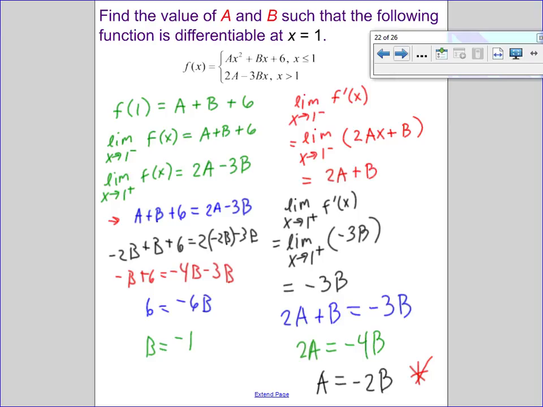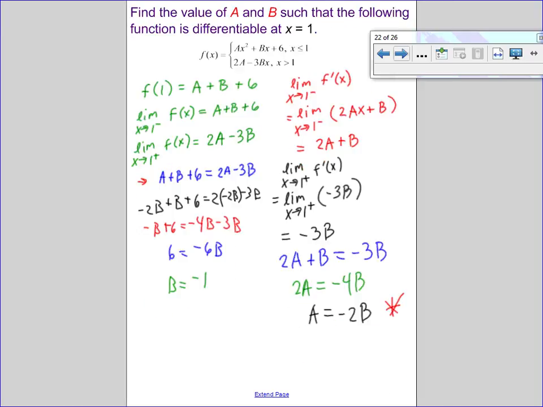If b equals negative 1, and I have this asterisk right here, A equals negative 2 times negative 1. So A must equal 2. So it looks like we need A to equal 2 and B to equal negative 1.